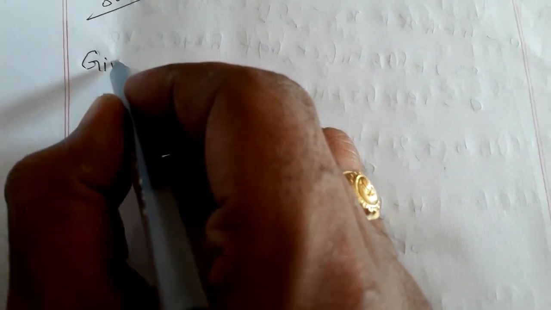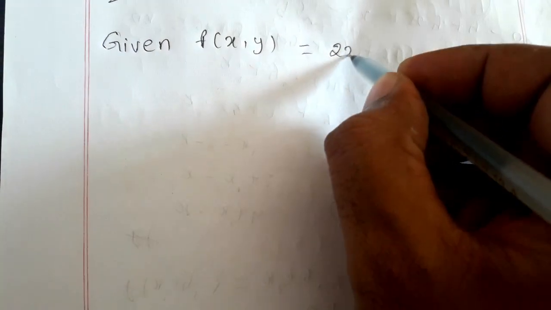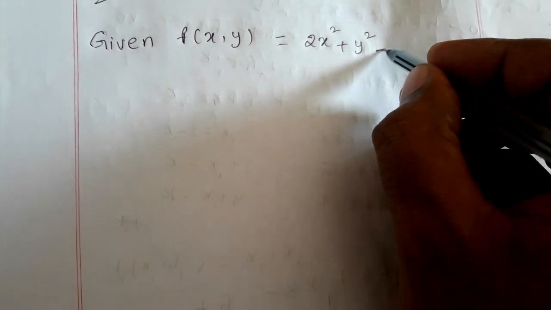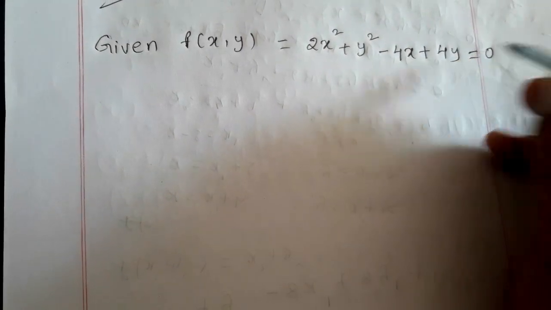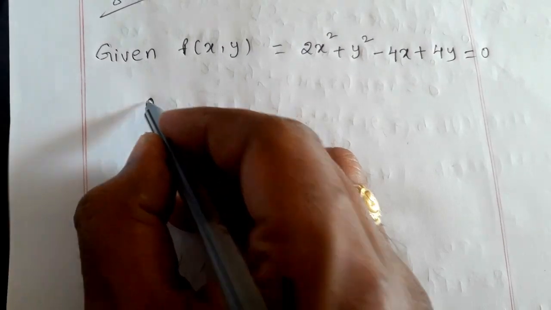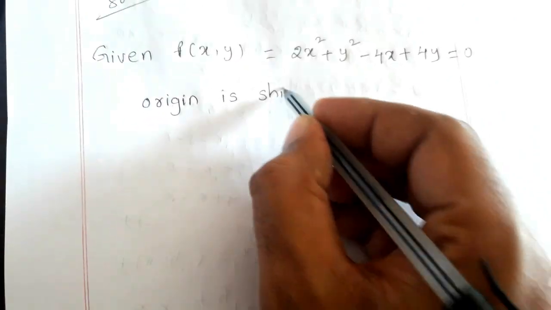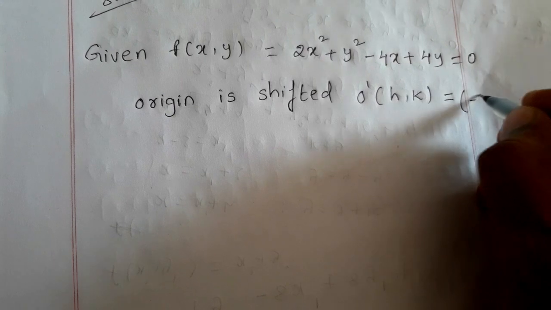So given f(x, y) = 2x² + y² − 4x + 4y = 0. Now the origin is shifted to a point O', (h, k) = (-1, 2).